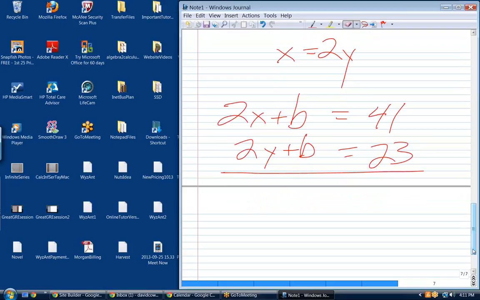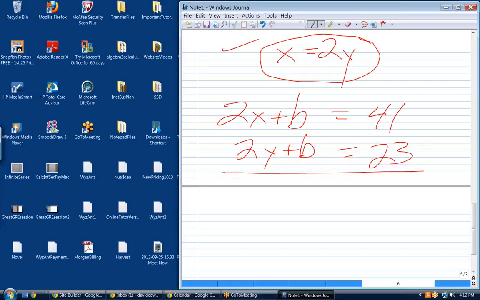So now we can use substitution because we have one equation completely defined as a variable. In other words, this is not in standard format, so it makes it less easy to use elimination because we would have to manipulate this to get it into standard format.